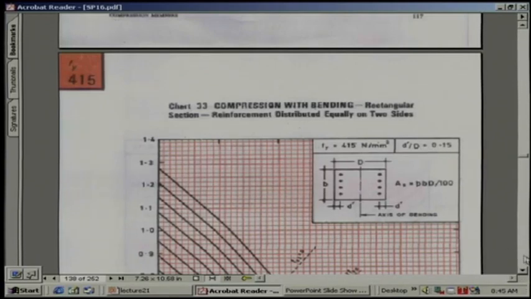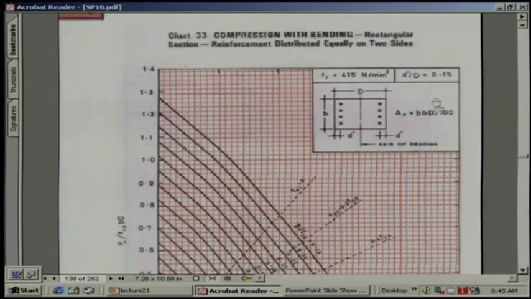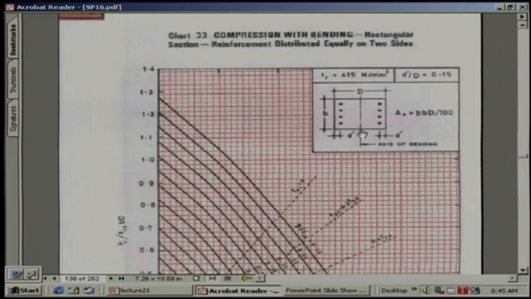What we shall do here? So, d dash by d 0.15, this is the section, it is uniaxial, that means the moment is applied about this axis.